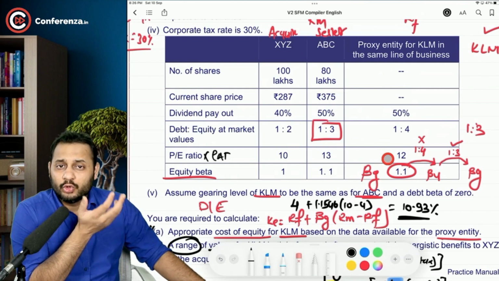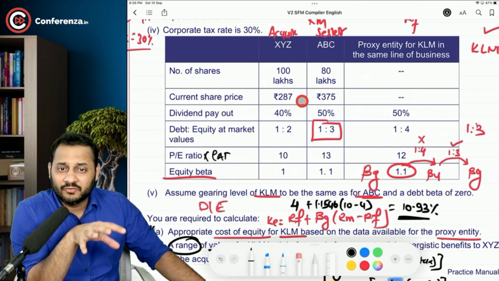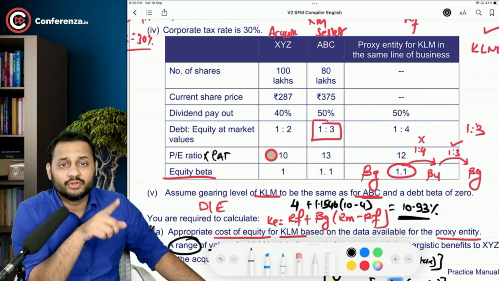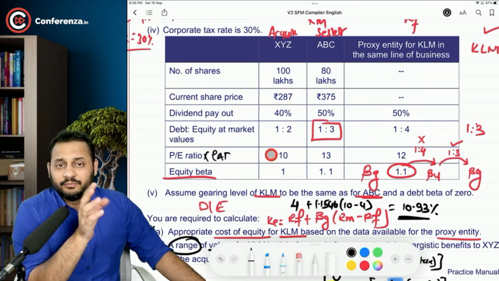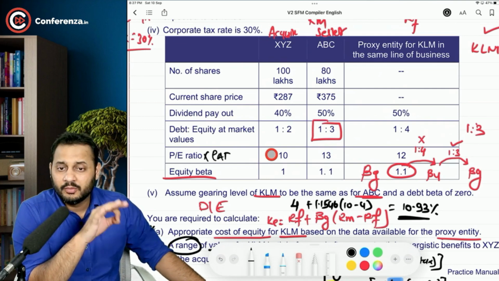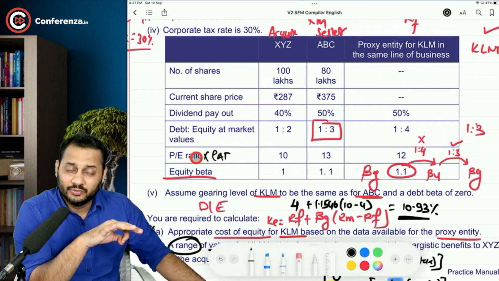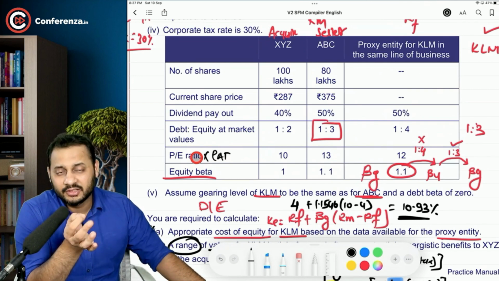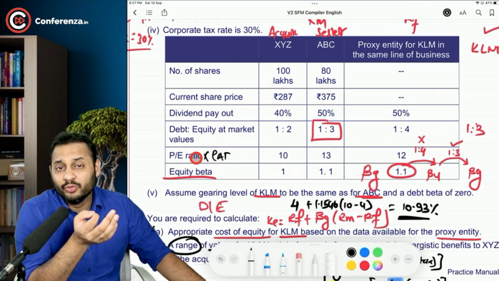But we can also argue on the fact that XYZ is buying that company. XYZ is buying that KLM, so XYZ will use its own PE ratio. So now there will be two different views for two different values. There will be in total 4 answers: 2 for pre-synergistic and 2 for post-synergistic.